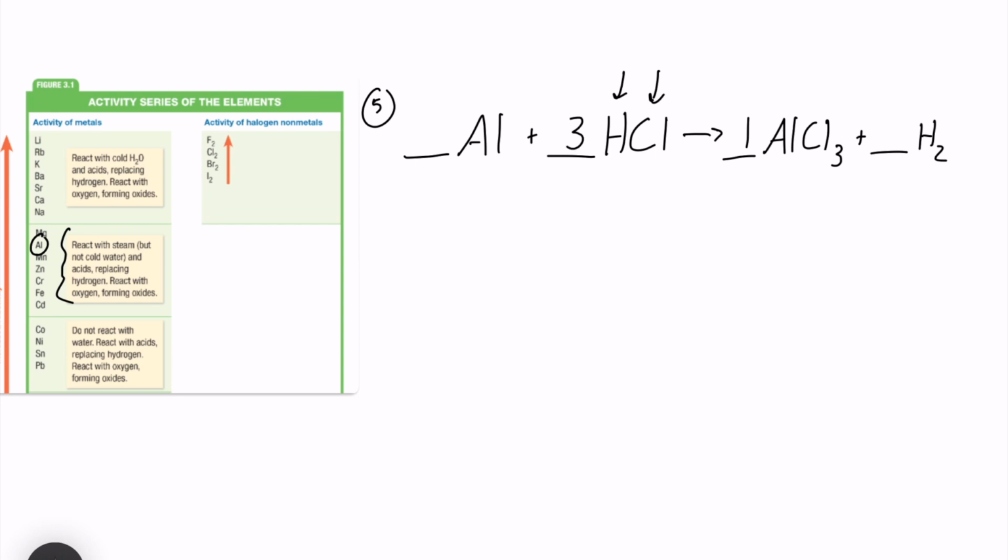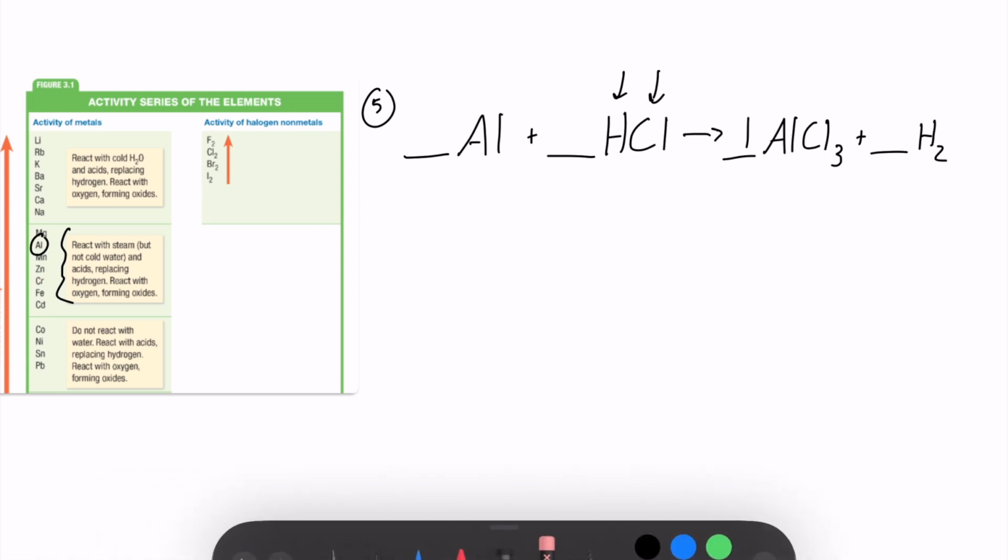Ooh, that's not going to work. Let's erase. So we'll try a 2 in front of AlCl3. How about a 6 in front of HCl, a 3 in front of H2, and a 2 in front of aluminum? That looks balanced to me.